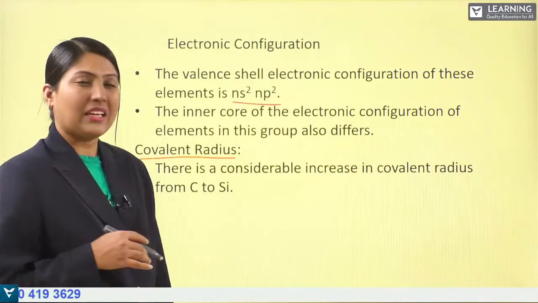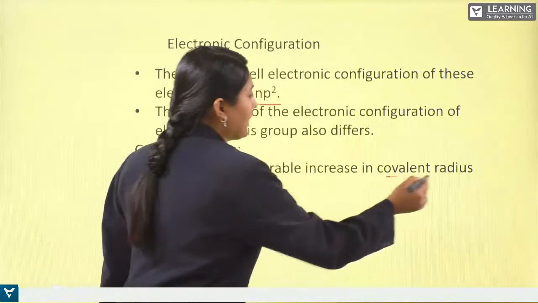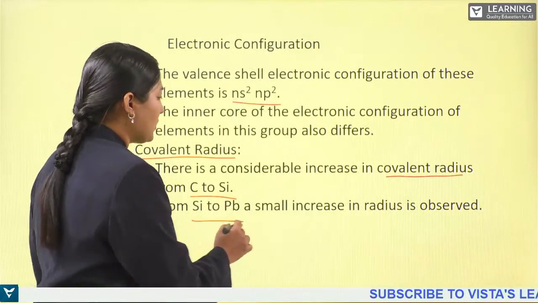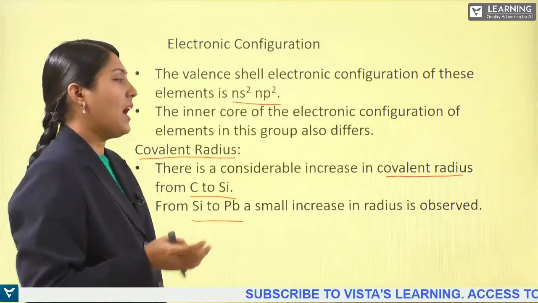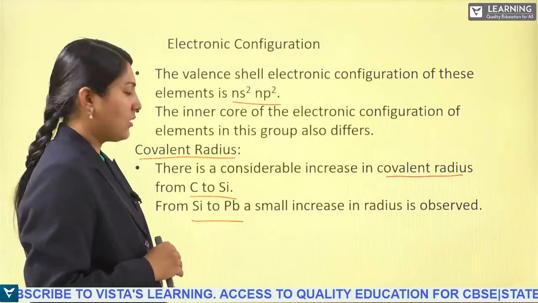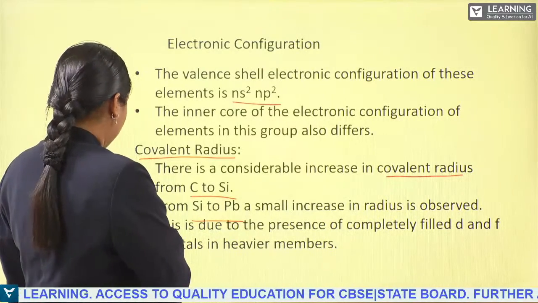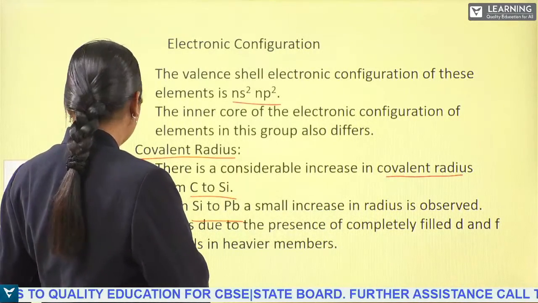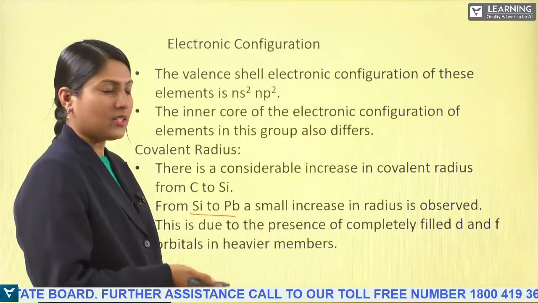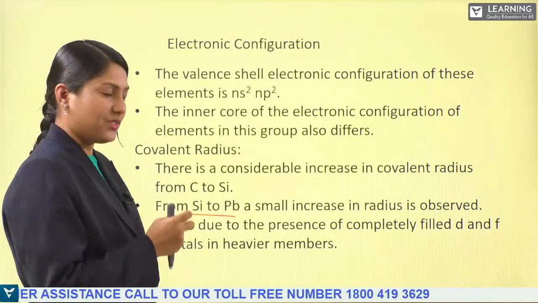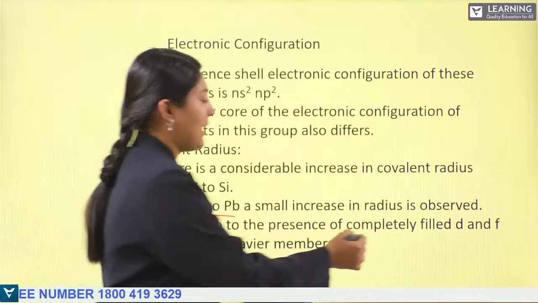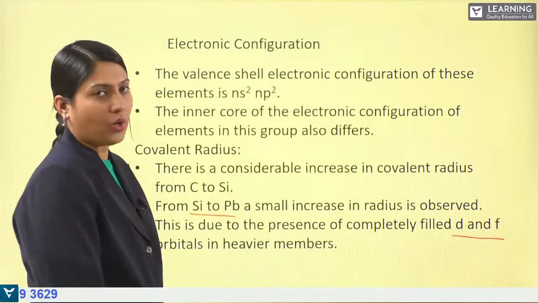There is a considerable increase in covalent radius from carbon to silicon, but from silicon to lead it has a small decrease, because we have filled d and f orbitals.